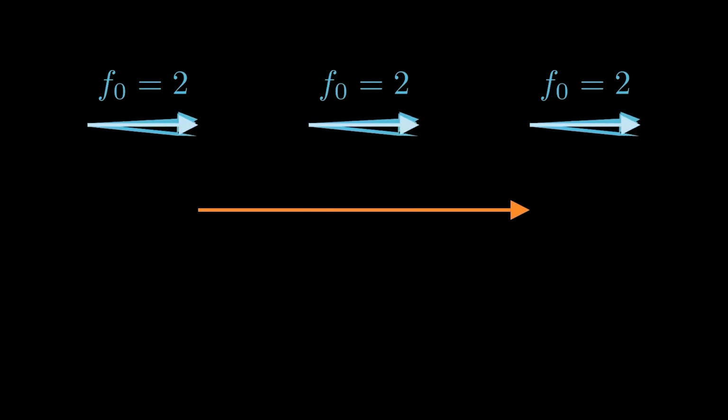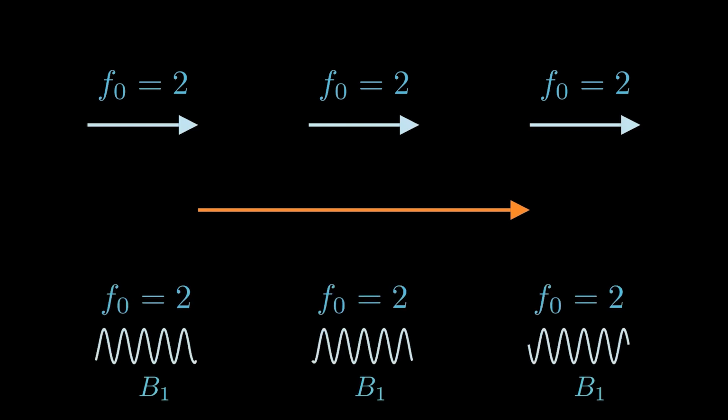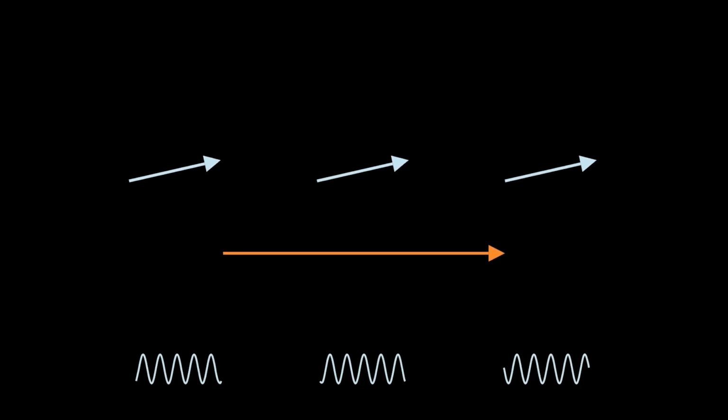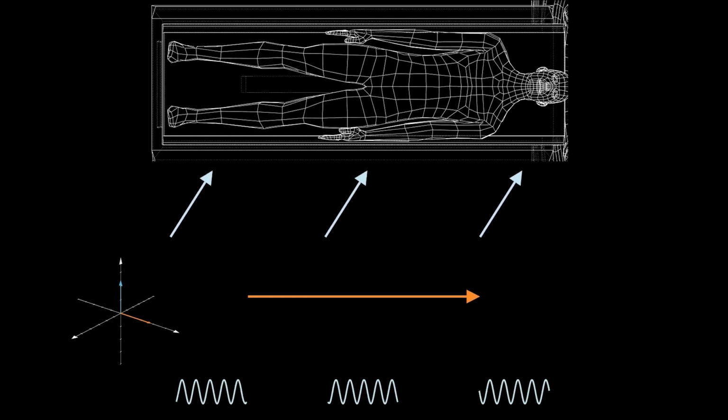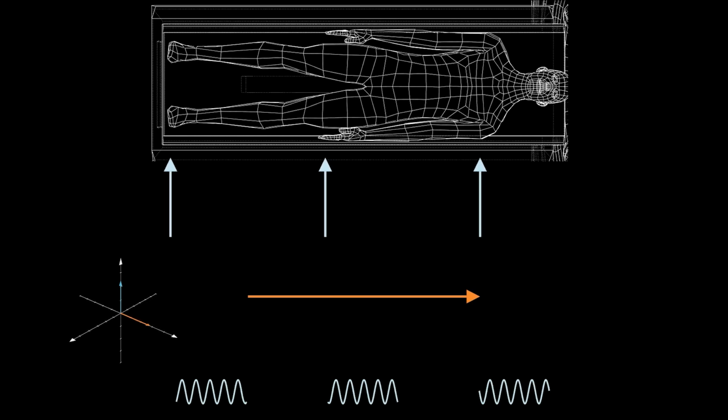The same need for synchronization occurs with the precession frequency, acting like the swing, and the B1 pulse frequency, playing the role of the push. In this case, since all hydrogen atoms share the same precession frequency, if B1 is close to the Larmor frequency, they will all resonate and align with the perpendicular field B1. This phenomenon is interesting but not very useful because we want only a few atoms to resonate.